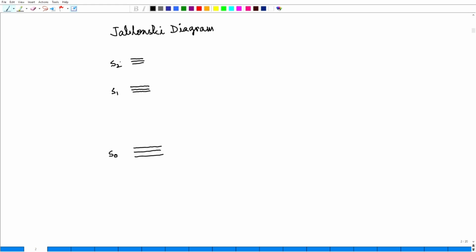When I am exciting the molecule with radiation, the molecule will absorb energy and it will go to these states. It can go to this state, and it can go to this state also.